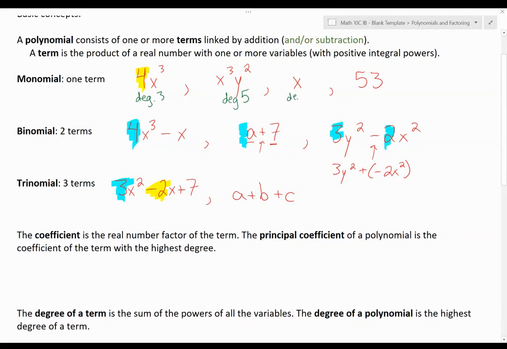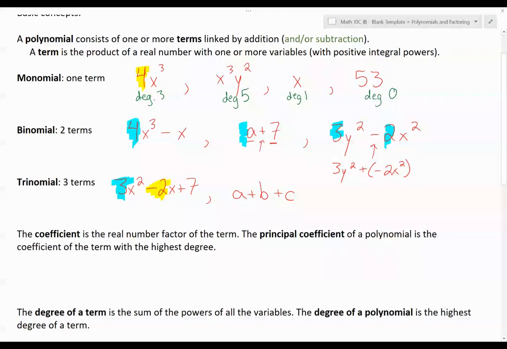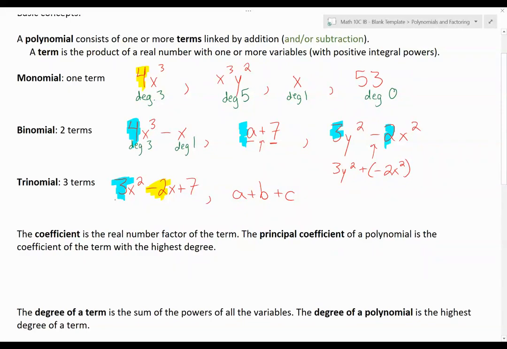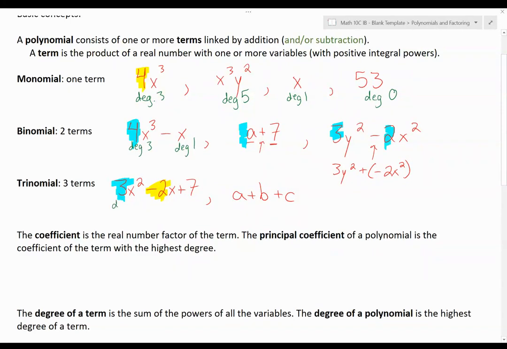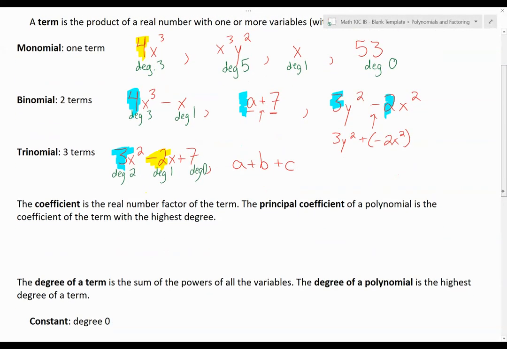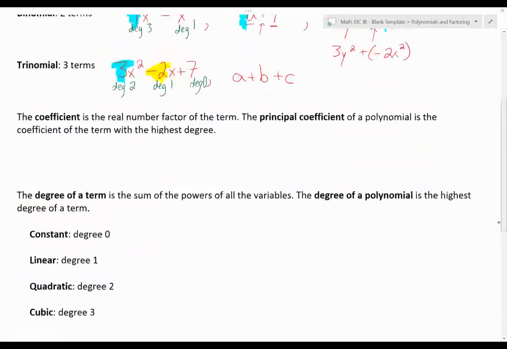The degree of this monomial is just 1, and the degree of this monomial is 0. Individual terms have degrees, so this would be a term of degree 3, this would be a term of degree 1. Here in this first trinomial, we have a term of degree 2, a term of degree 1, and a term of degree 0.